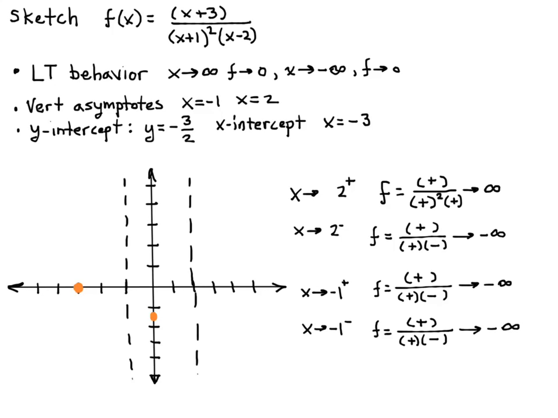The numerator is going to be -1 plus 3, which is still positive. The denominator, the x plus 1 squared, is always positive. So x minus 2 is going to be negative, right? Because as we go to -1, that whole value is going to approach -3.